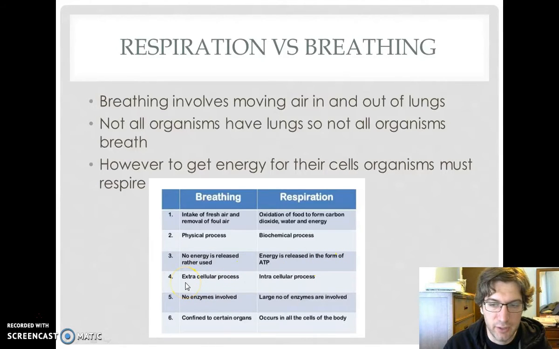Breathing happens outside of cells. Again, it is going to be your bigger organs, your lungs, that do it, while respiration is going to happen inside cells, particularly the mitochondria, which are the powerhouse of the cell. Breathing does not require enzymes.